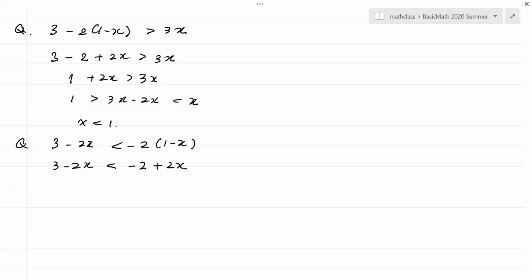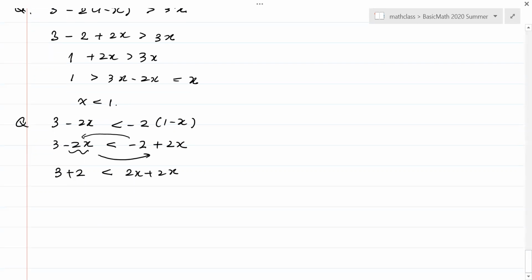Then you decide which side you have to move x. I see negative 2x on the left-hand side, so I need to move it to the right-hand side. Then move negative 2 to the left-hand side. So 3 plus 2 less than 2x plus 2x. Okay. So you will get 5 less than 4x.